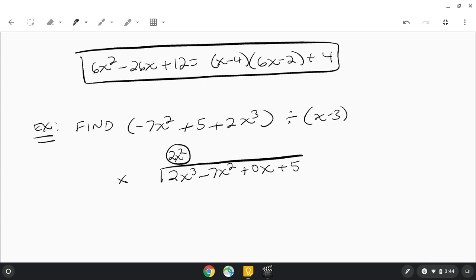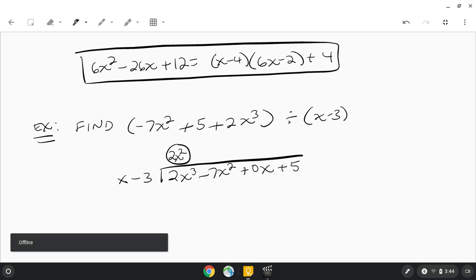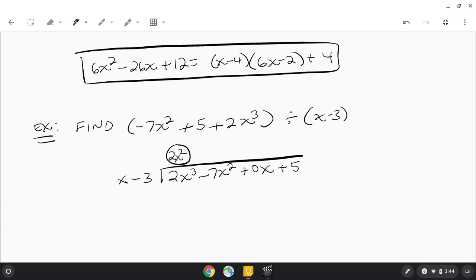Now let's bring that minus 3 back in and distribute that 2x squared. 2x squared times x is 2x cubed. 2x squared times negative 3 is negative 6x squared. Then I'm going to subtract this. 2x cubed minus 2x cubed cancels out. Negative 6 becomes positive 6x squared.